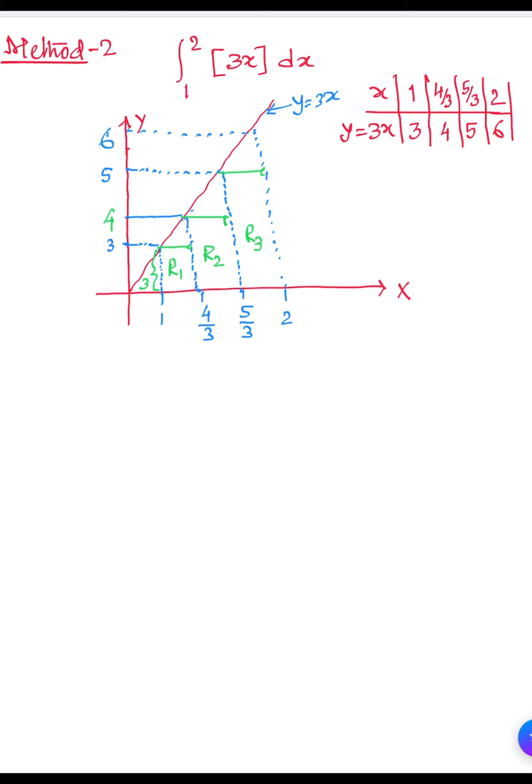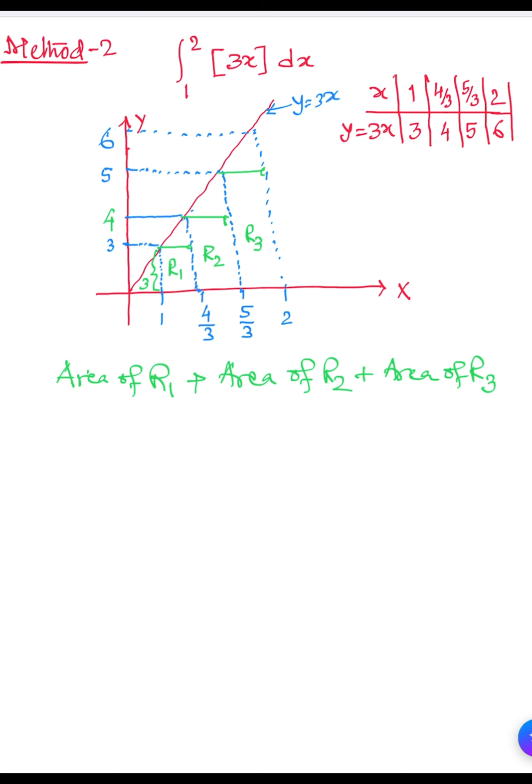So the entire area is the area of rectangle 1, plus the area of rectangle 2, plus the area of rectangle 3.